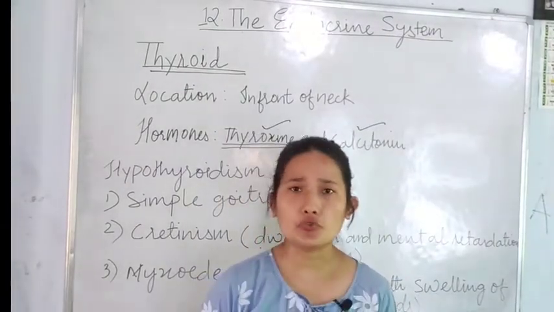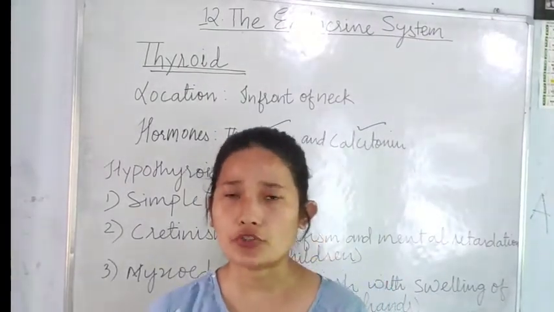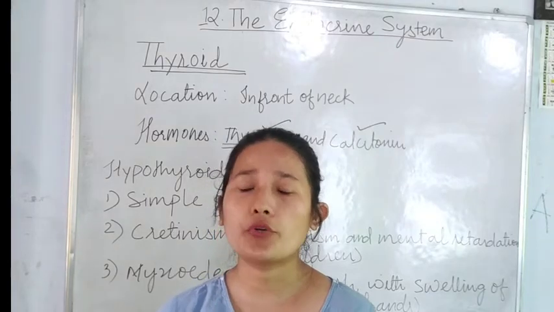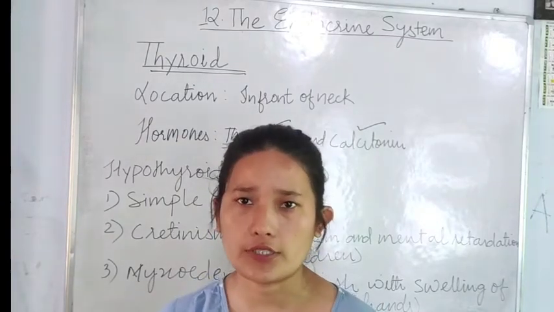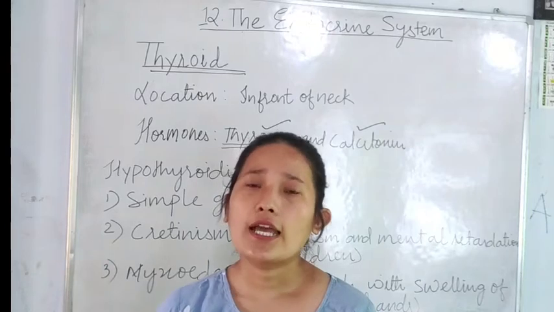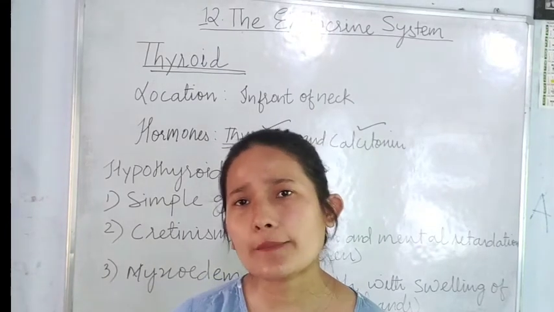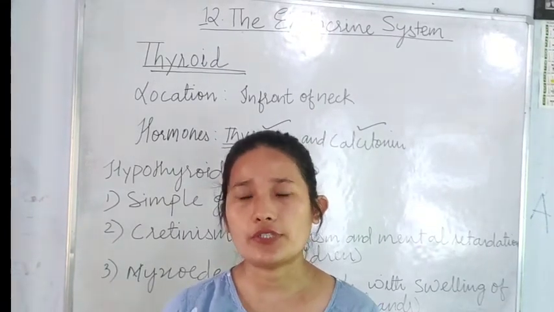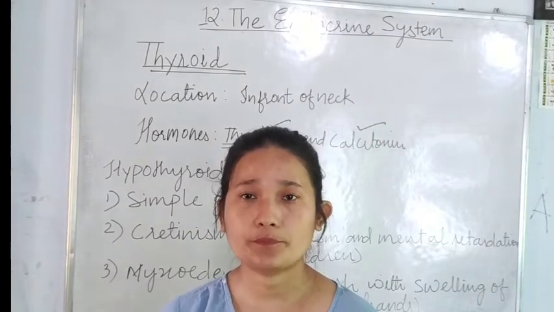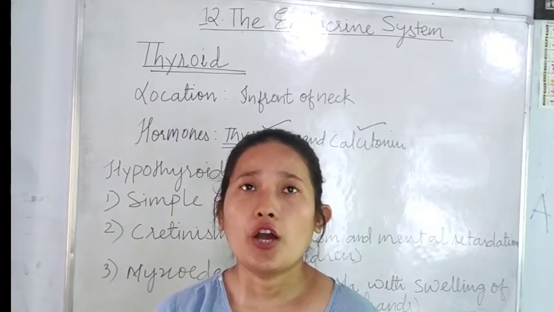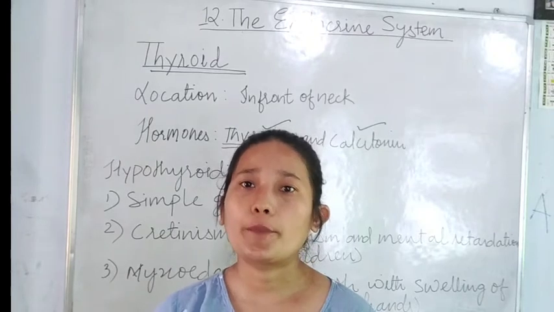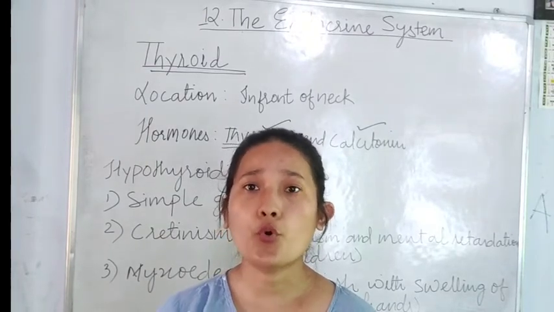Okay, out of these 2 you have to learn in detail about only thyroxine, though we will just go through the function of both of it. Now your thyroxine carries out all the basic metabolic function in your body, starting with digestion, functioning of your heart, development of your brain, bone, muscles.